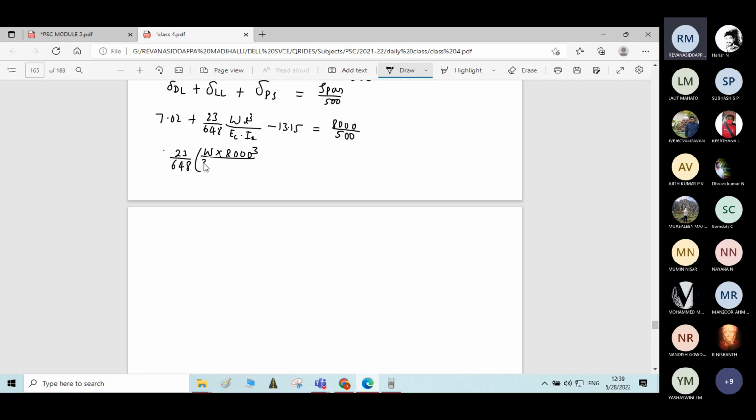EC is 35 into 10 power 3, IX is 162.76 into 10 power 6, equal to the RHS. After simplification in the RHS, you will get 22.13. Now W is the unknown parameter. If you find the answer, you will get 10.71 Newton. Okay, let me check the answer once.